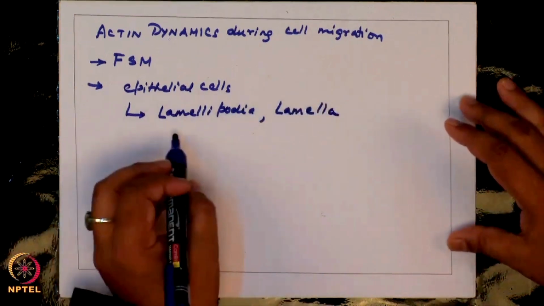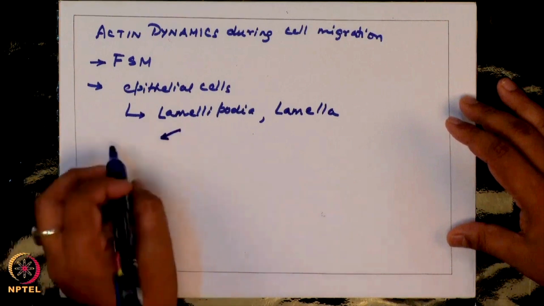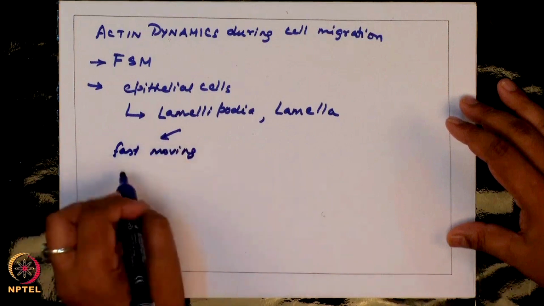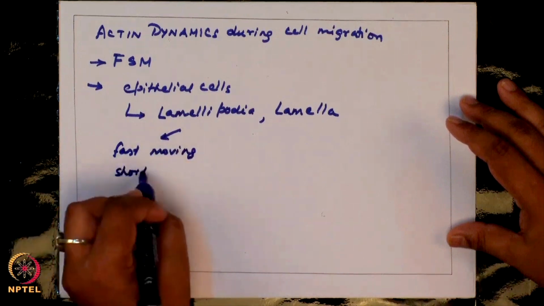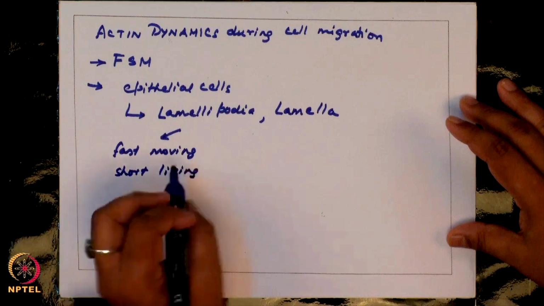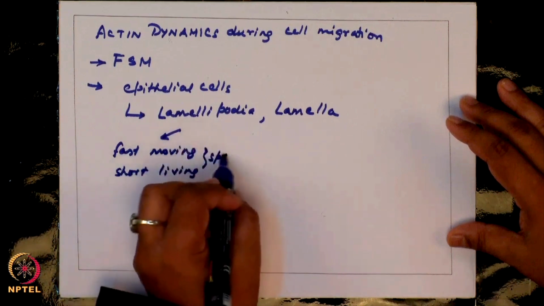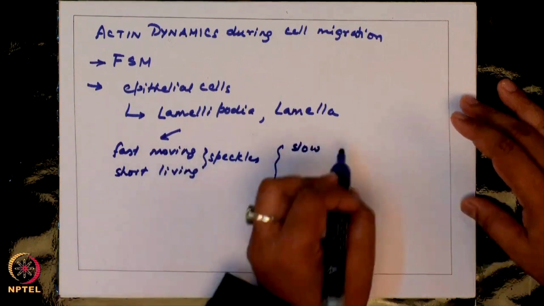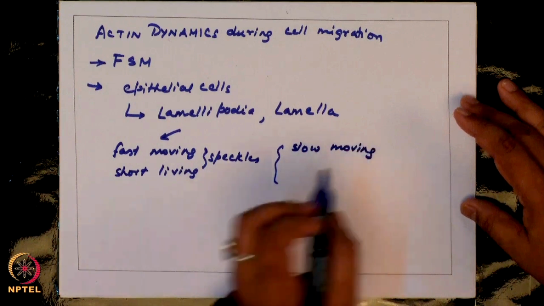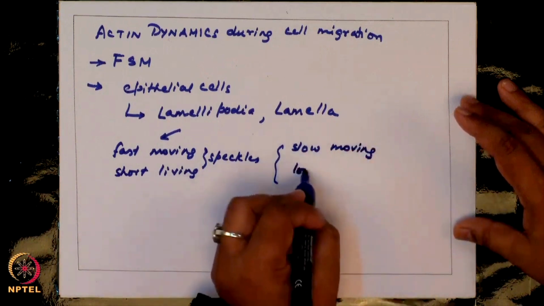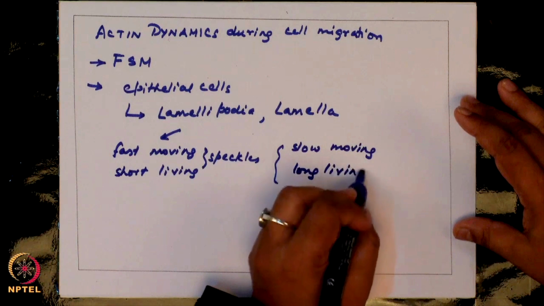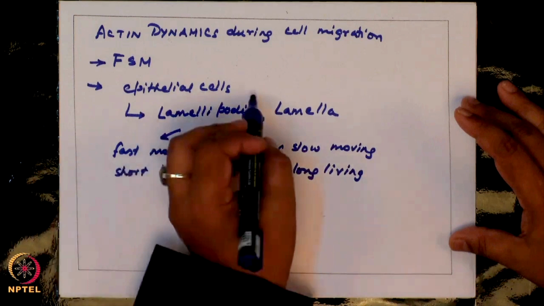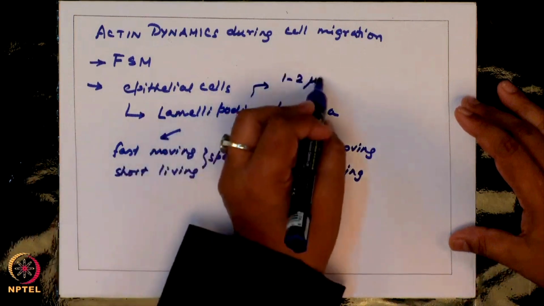In lamellipodia you have fast moving, short living speckles, while in lamella you had slow moving, long living speckles. This was one difference. Lamellipodia is within the first 1 to 2 microns from the leading edge.